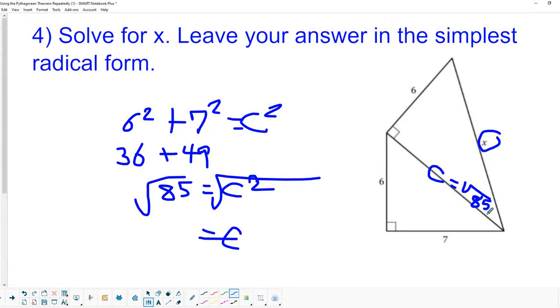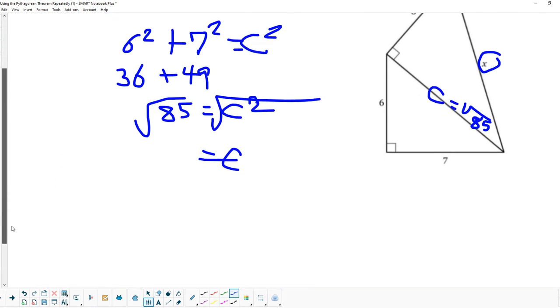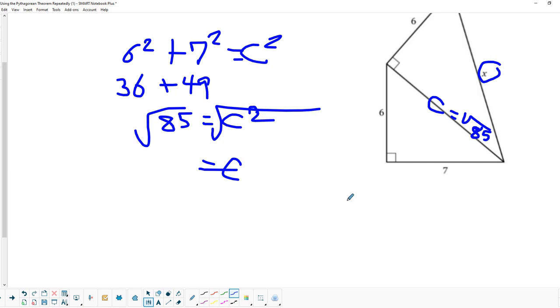So now that I know this length, I can use this and this 6 up here to calculate the rest of our answer. So let's do it. We got the square root of 85 squared. Oops. Better write that number a little better. It's not 52, it's 85, right? Okay, so the square root of 85 squared plus 6 squared equals x squared.